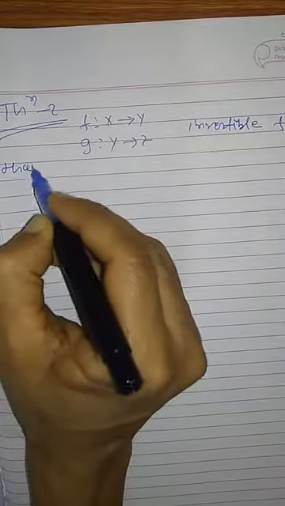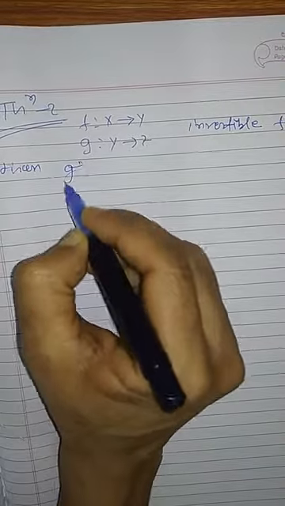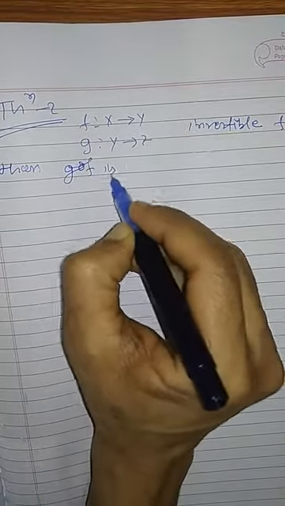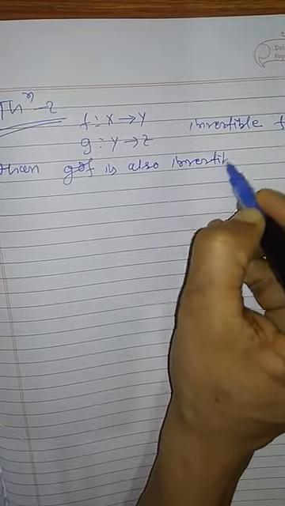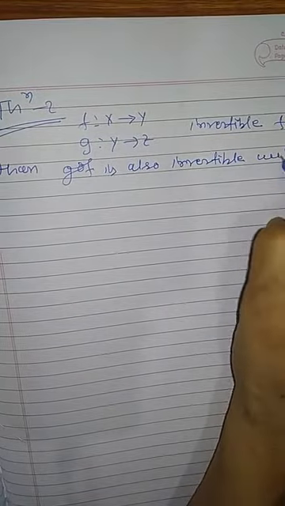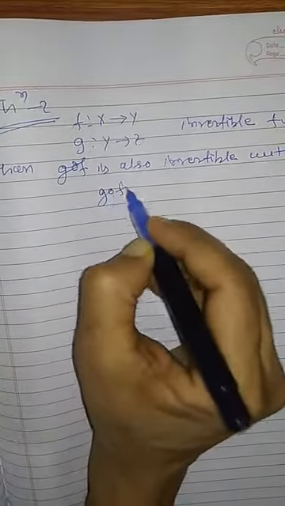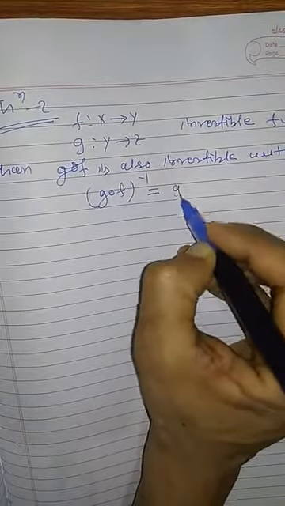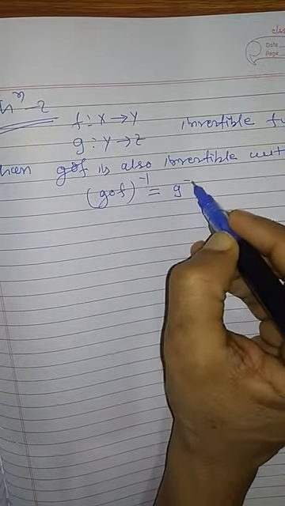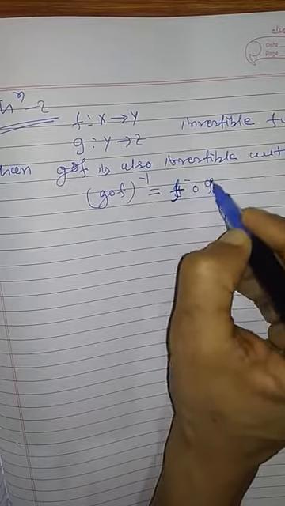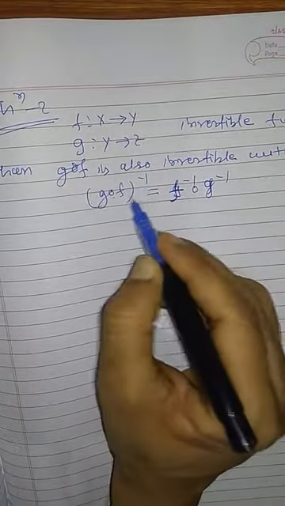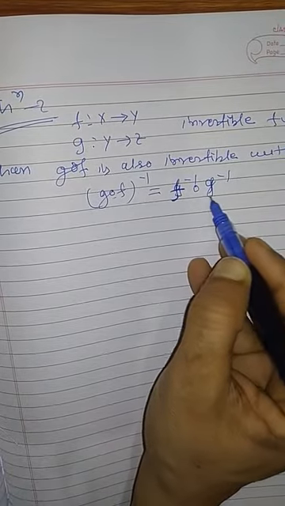Then g o f is also invertible, with (g o f) whole inverse is equal to f inverse o g inverse. (g o f) whole inverse is equal to f inverse of g inverse.